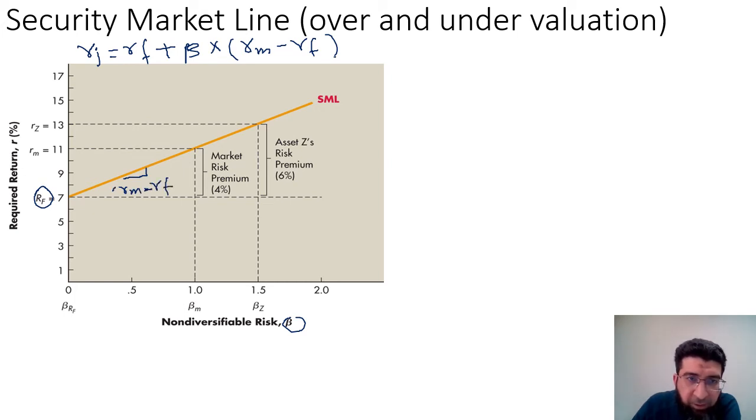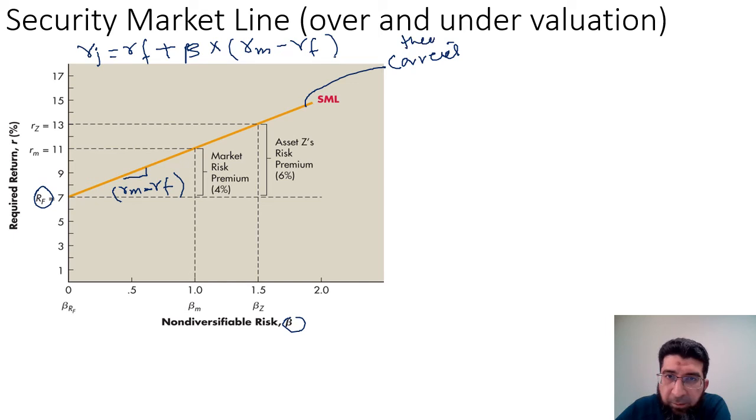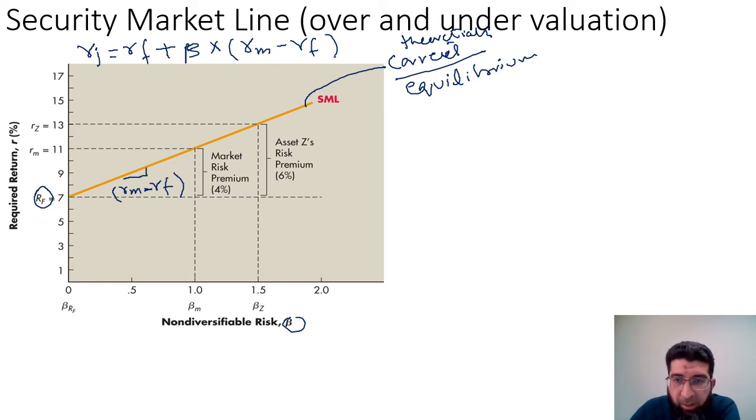This is the slope of the security market line. The security market line is theoretically the correct line, which means whatever return it offers is supposed to be theoretically correct. It is also called the equilibrium price. When the market is in equilibrium, this is the price that you will receive on the SML. So any price on this line will be the theoretically correct price.